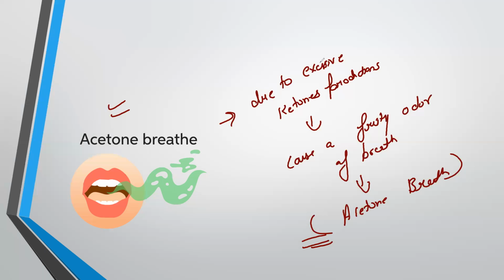So how does this occur? Because there is excessive ketone body production. Excessive ketone production can lead to a fruity odor of our breath, and that is called the acetone breath. It is the first feature.